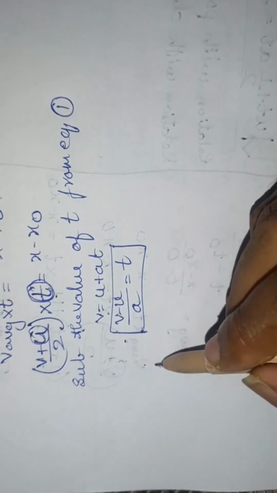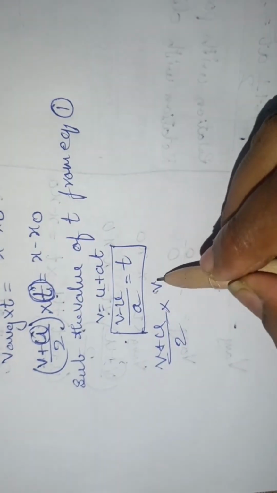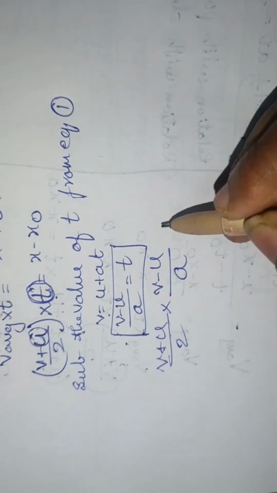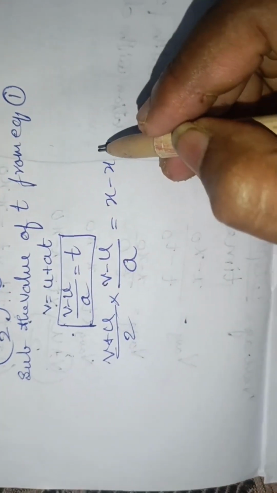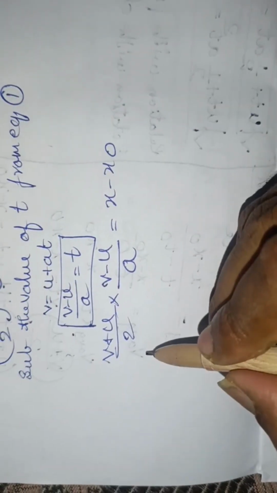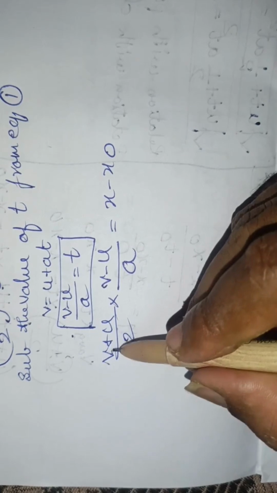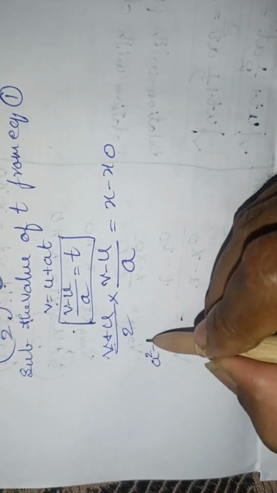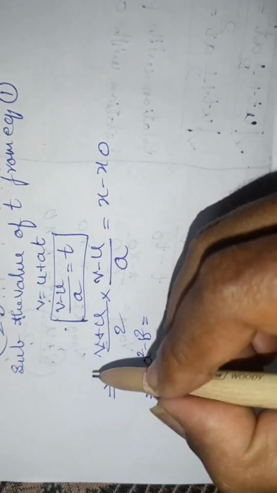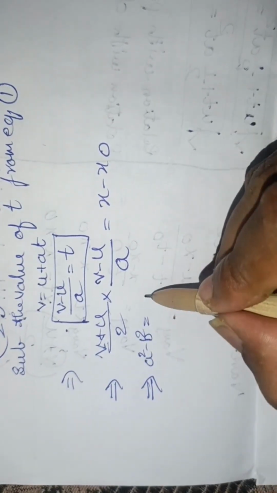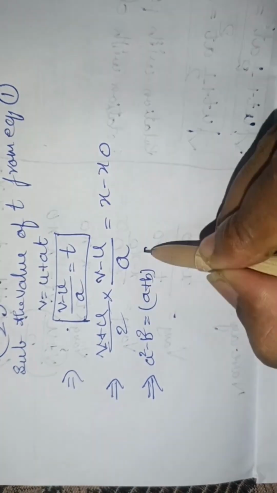U will remain as it is onto the time place. So we can write it as v plus u by 2 into v minus u by a is equals to x minus x naught. We can also write it as, the equation is looking like a square minus b square is equals to a plus b and a minus b.